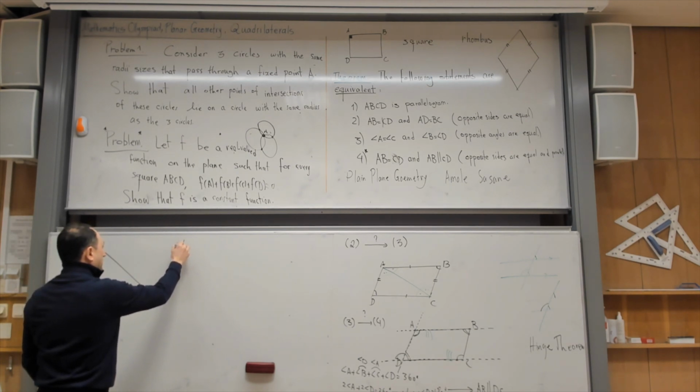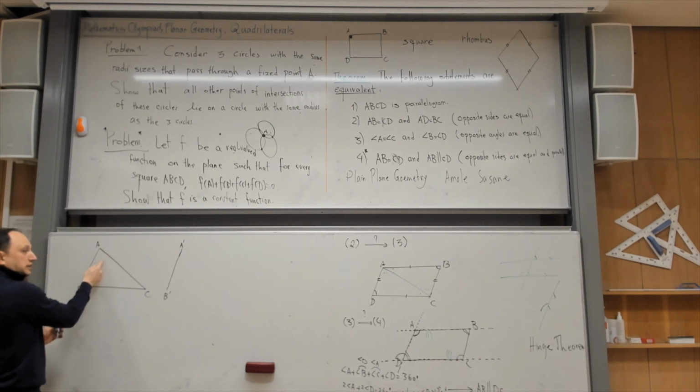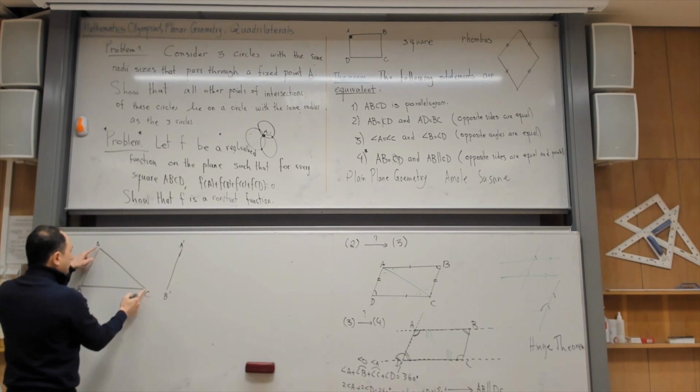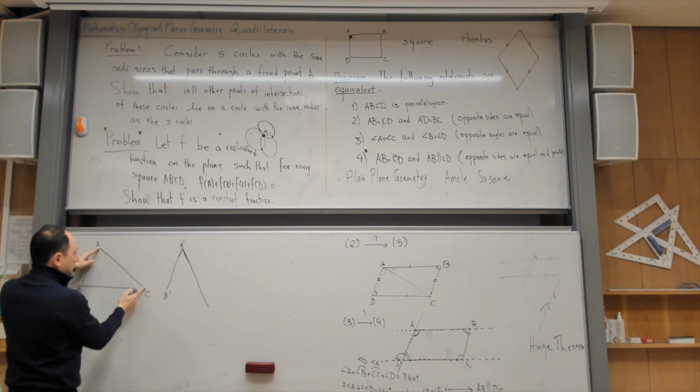And I call it A prime, B prime. But I want to make the angle smaller than this angle, and I want to keep the length the same. So it would be something like this.